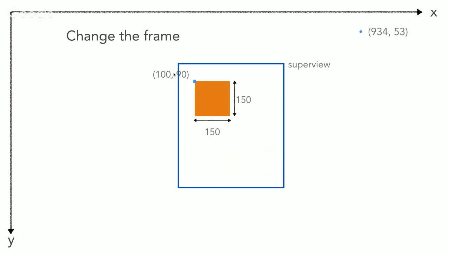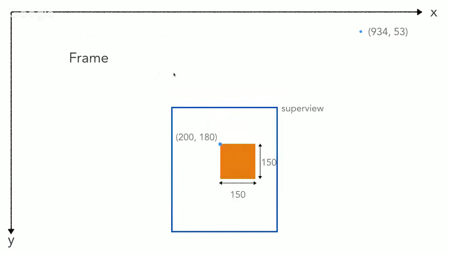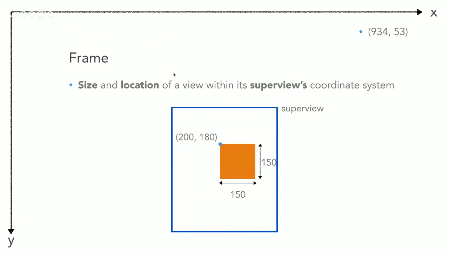And in this case, we move it to 190, then we move from the right to the left. Very simple. When we change the frame, we just change in respect to the superview. So that is the frame. The frame is the size and the location of a view within its superview's coordinate system.